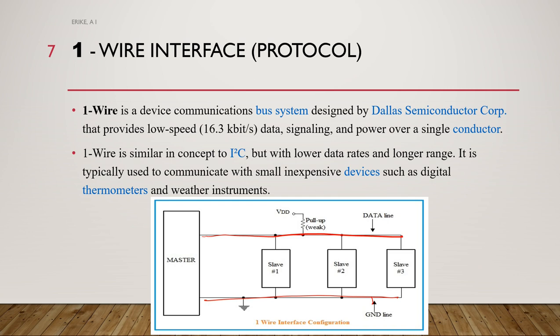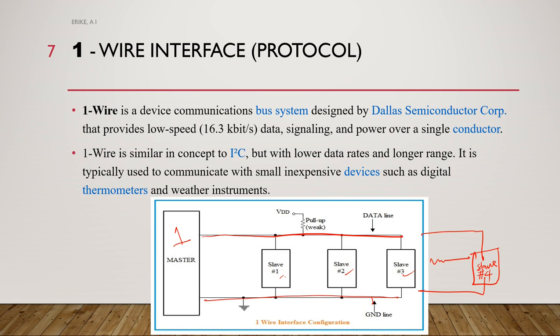Okay, so the advantage of this device is that many devices can share the same bus. As you can see, we'll have one master here, and then we have the bus line going here, and then we'll have slave number 1, slave number 2, slave number 3, and it continues that way. Okay, so we can as well have slave number 4, and so on and so forth.